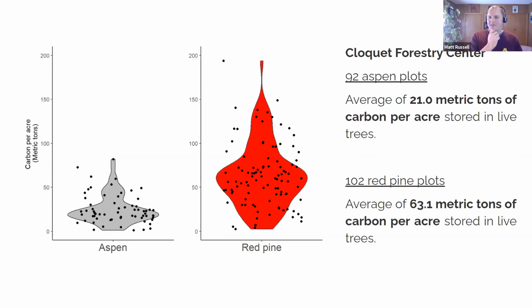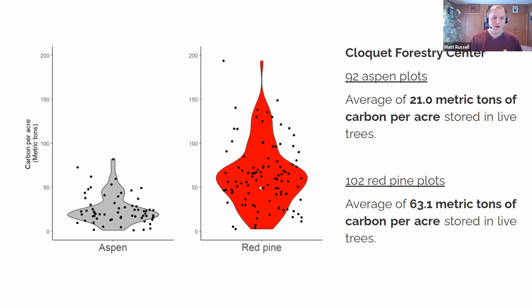This is another graph showing data put together at the Cloquet Forestry Center in their last permanent sample plot inventory. There are about 92 aspen plots and about 102 red pine plots, showing the distribution of carbon across Cloquet. In aspen, it looks like the majority are somewhere around 20 metric tons of carbon per acre. There's a couple that have some more volume.